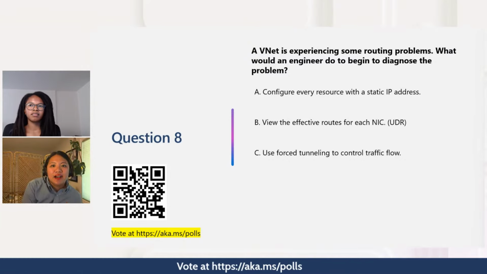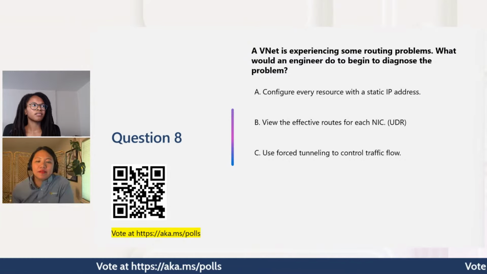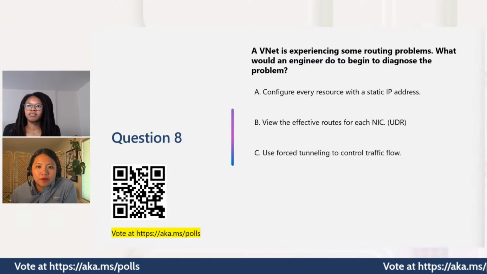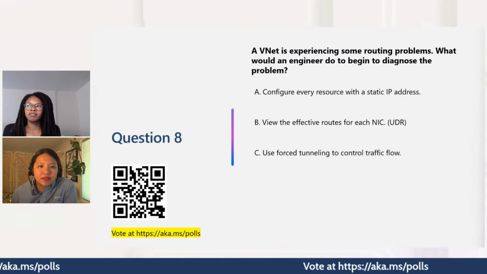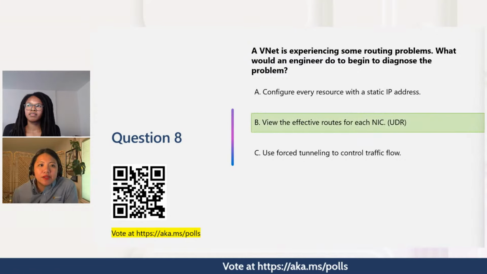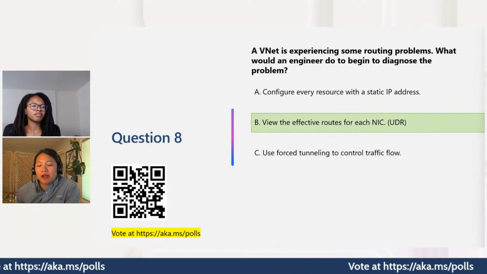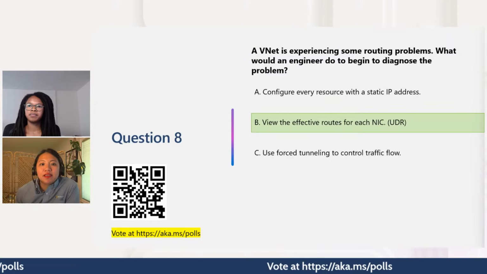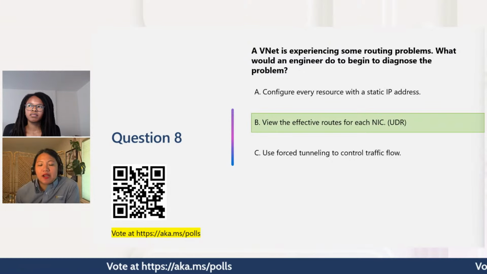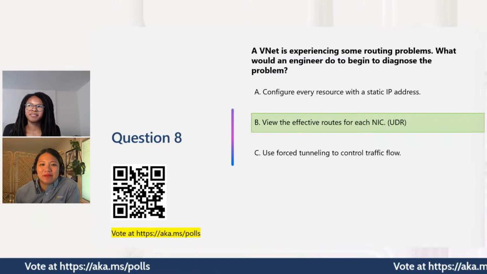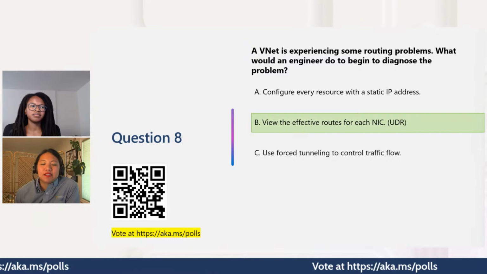Great. So I would say we have our poll results coming in, and it looks like viewing the effective routes for each NIC, or option B, would be the best way that you would go about diagnosing any routing problems. And again, I do want to mention that there are three options that you can use to be able to see effective routing. We looked at two of them.